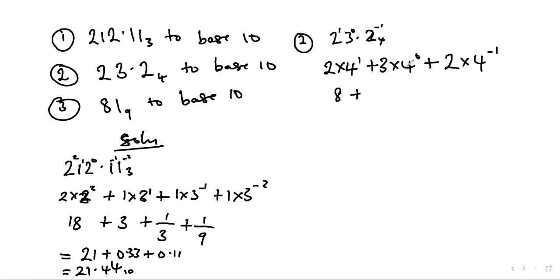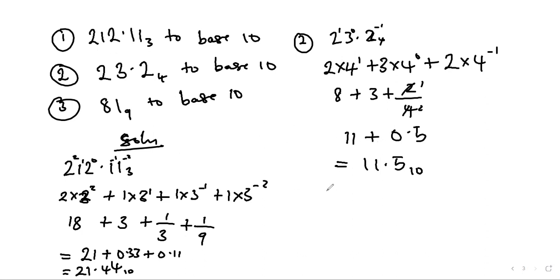And 4 raised to the power 0 is 1. 3 times 1, 3, plus 2 over 4, that's 0.5. So 8 plus 3 is 11 plus 0.5, which will give you 11.5 base 10. So we've converted this base 4 number to base 10. So if you got that, very good.